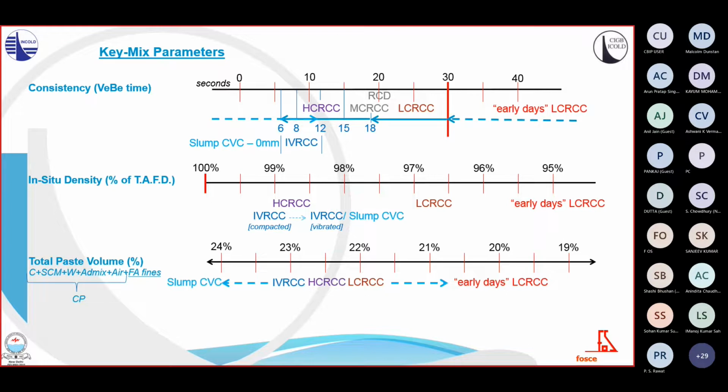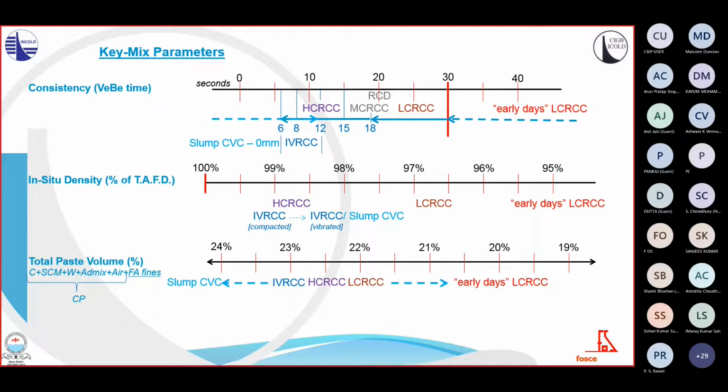The so-called total paste volume of a concrete mix is calculated by adding the fines below 75 microns of the fine aggregate to the cementitious paste. The cementitious paste, as indicated on the left, includes the volume of cement, supplementary cementitious materials, water, admixture, and air. The total paste by volume is nowadays relatively similar in all types of RCCs.